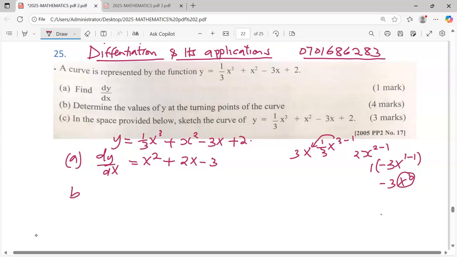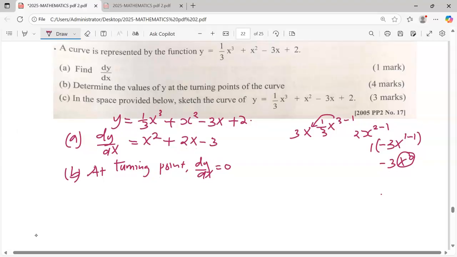Once we have done that, we move to part B of the question. And we are supposed to determine the values of y at the turning points. And we know for sure that at the turning point of any curve, the dy over dx will always be equal to 0.